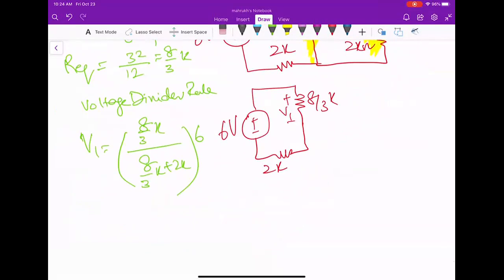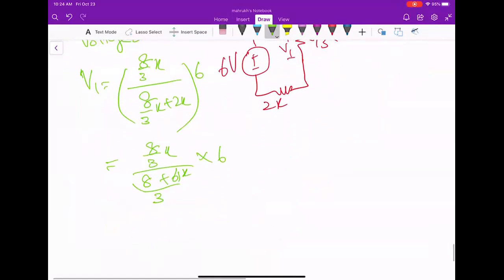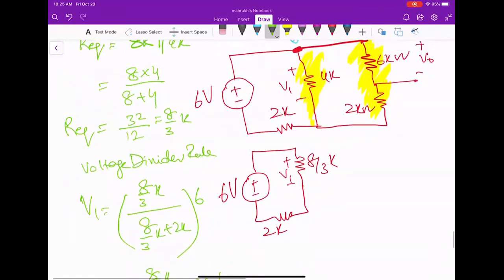That will make it 8 by 3K over 14K by 3, into 6. So it will become 8 by 14 into 6, right? And that will become 24 by 7 volts, right? So that is V1.